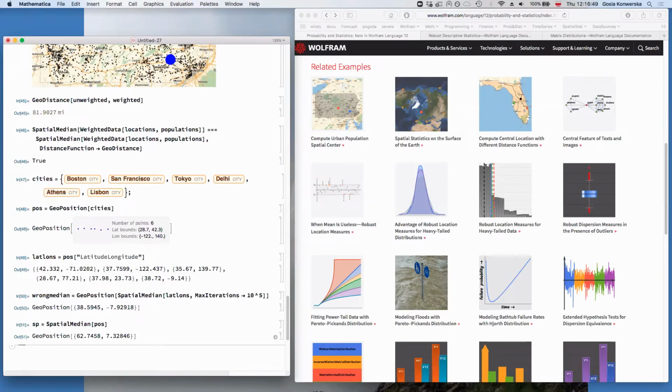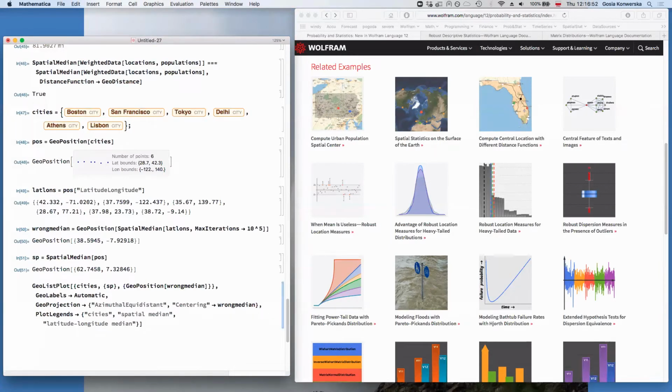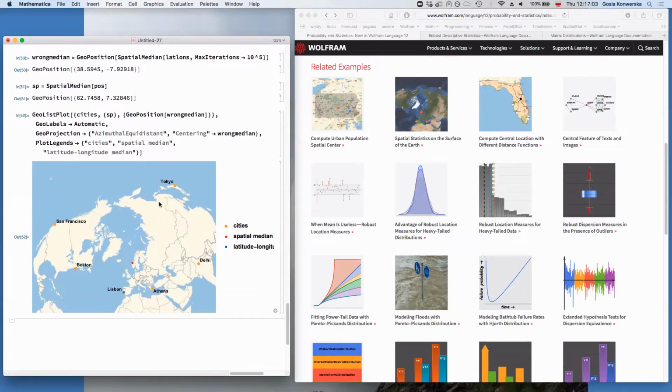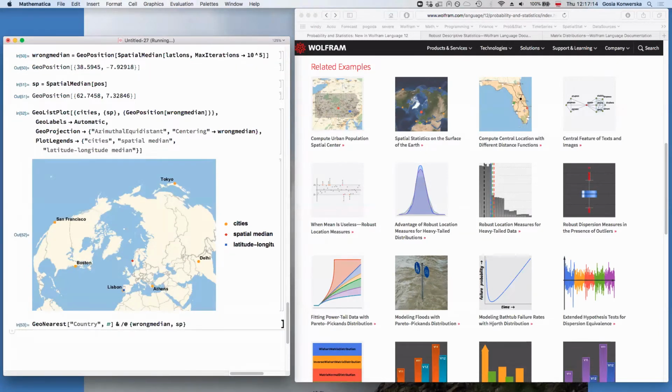And let's see. Okay, so we have, you can see that they are far apart. Okay, and if you cannot really see on the map, then we can use this nifty feature, which is find the geo nearest country next to the wrong median and to the spatial median, right?